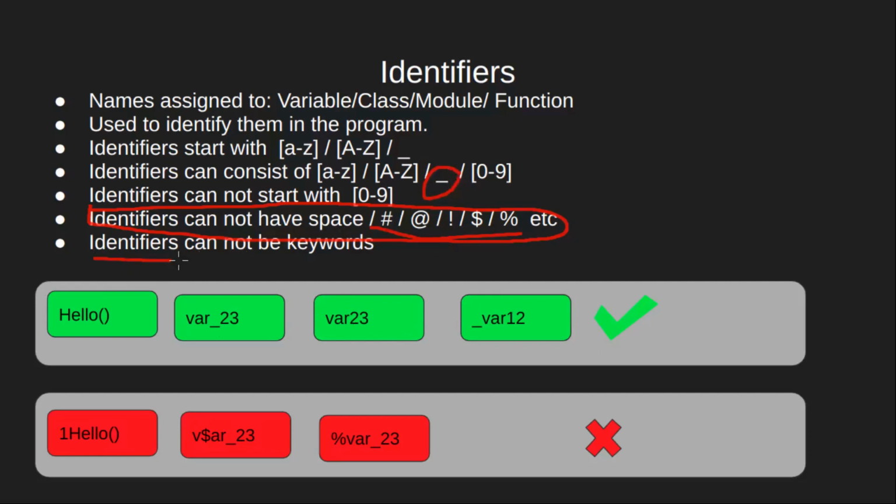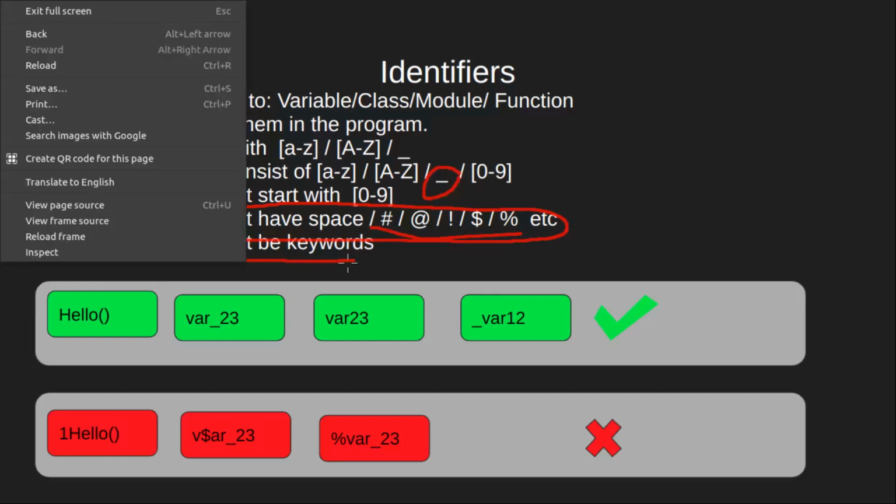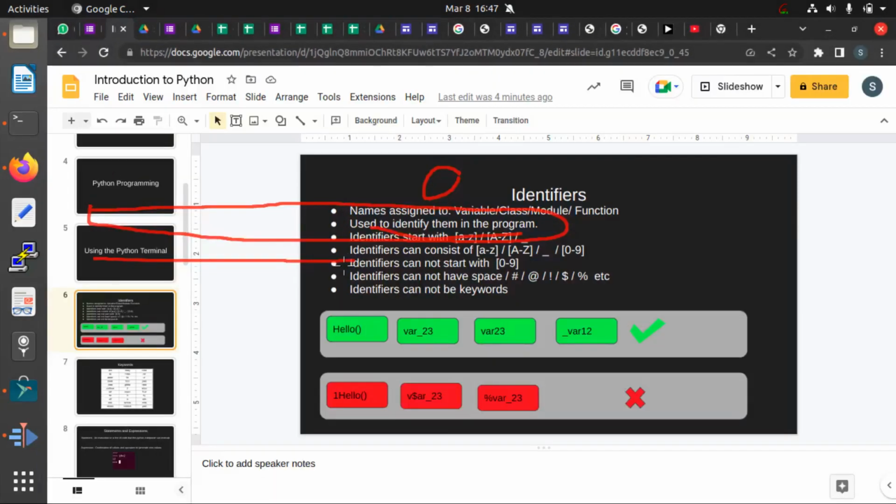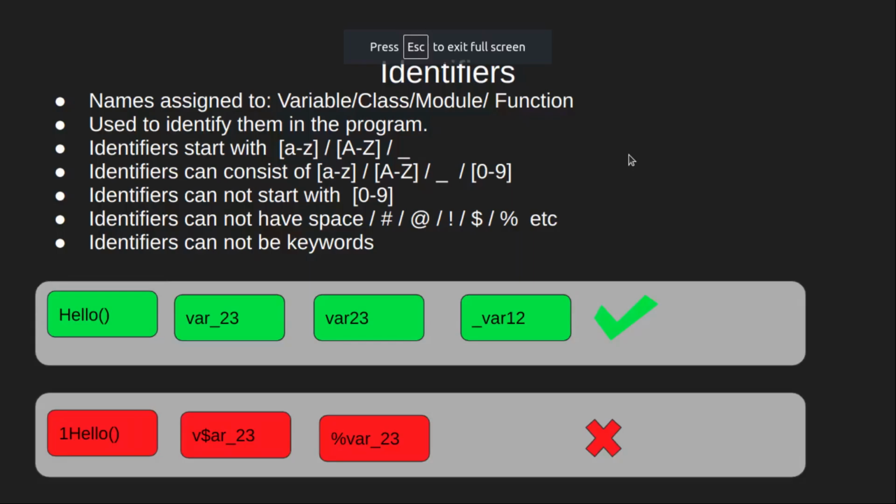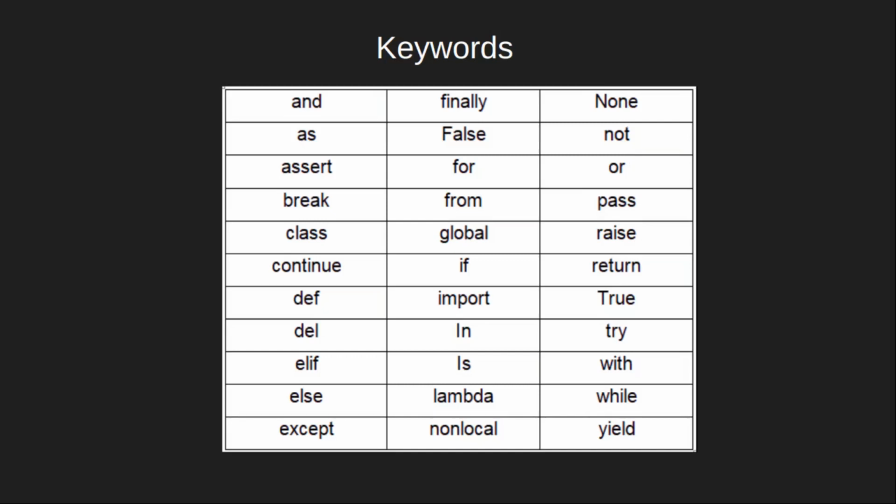And identifiers cannot be keywords. Now we know what keywords are. Keywords are basically language specific words which are used in a specific language. So, for example, in Python, some of the keywords available are and, as, assert, break. The list that you see here on the screen are the keywords of Python, right?